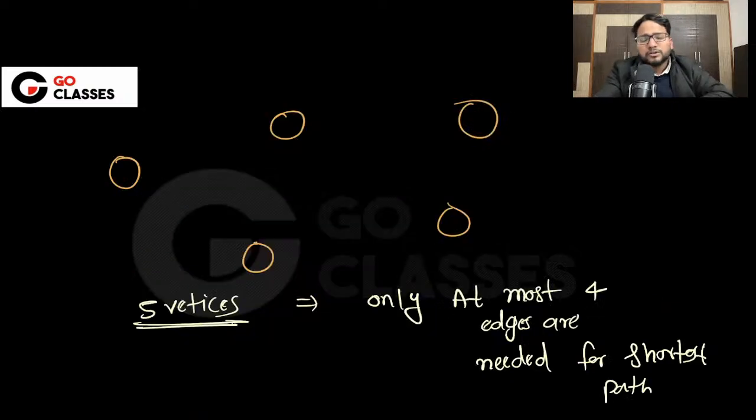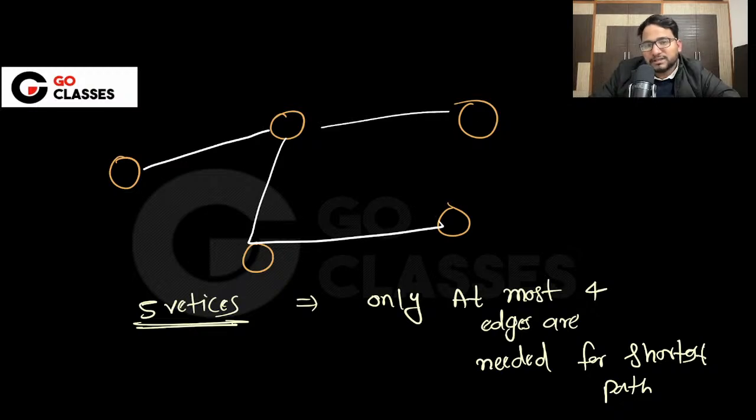So if you have 5 vertices, then at most 4 edges are needed. Bellman-Ford says that if you run it 1 time, relaxing all the edges once, you will get the shortest path using at most 1 edge.